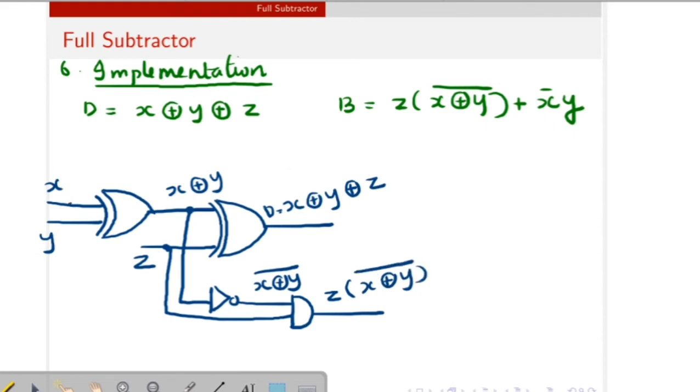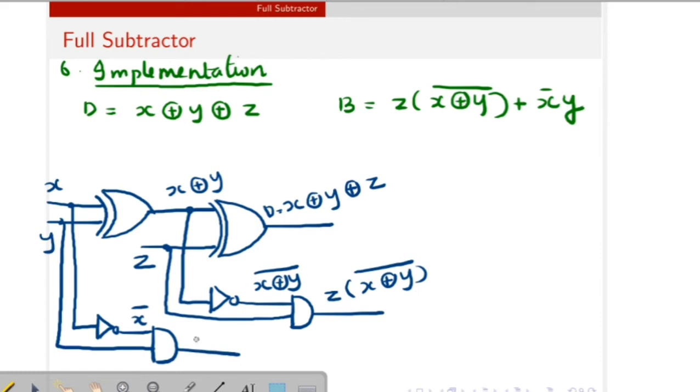Then take x, complement it using NOT gate. So we have x bar. Then take y, both are ANDed together. Here we have the output x bar y. Then this x bar y and z into (x XOR y) bar, both are ORed together.